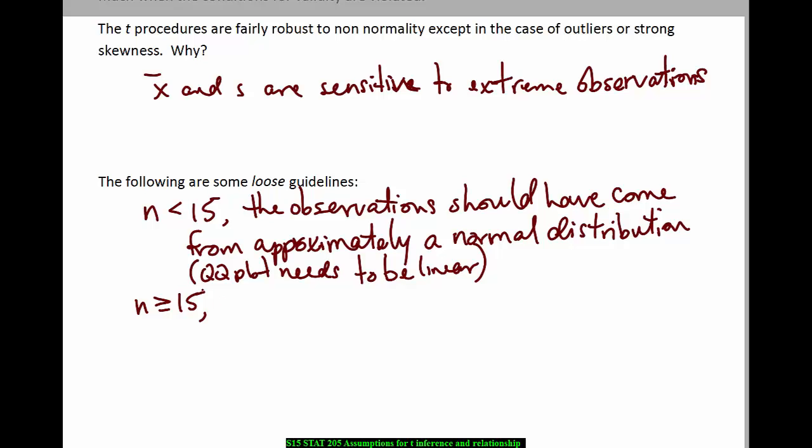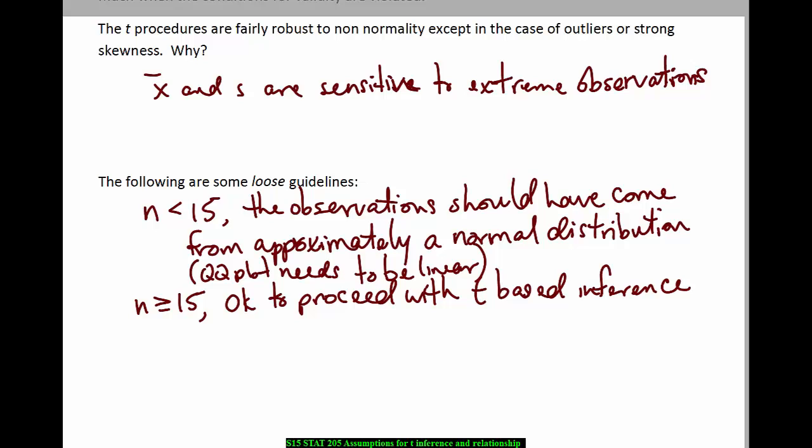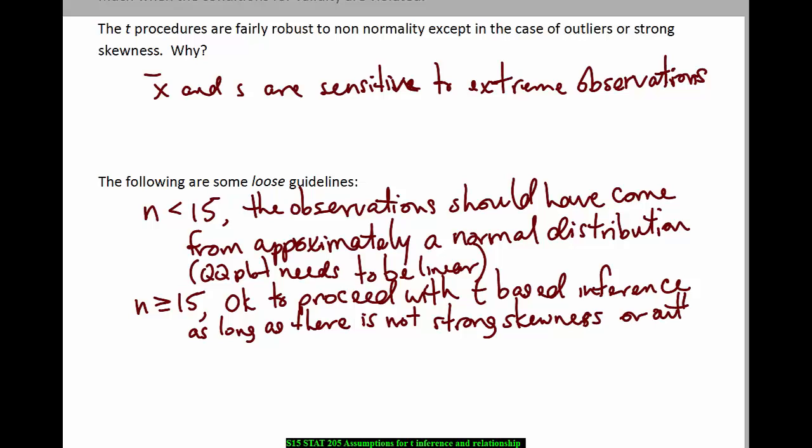So if n is bigger than or equal to 15, it's okay to proceed with t-based inference as long as there is not strong skewness or outliers. And again, look at your QQ plot to see if it looks like there's evidence of strong skewness or outliers.